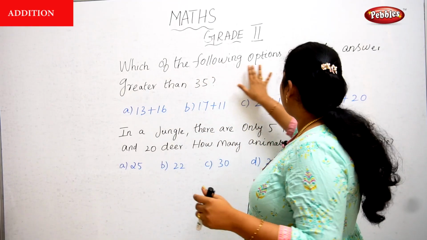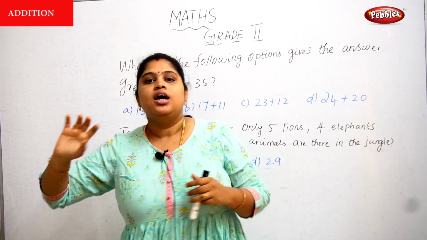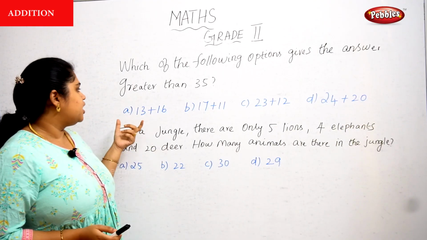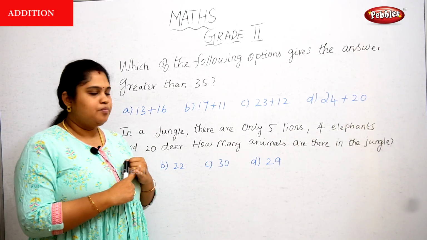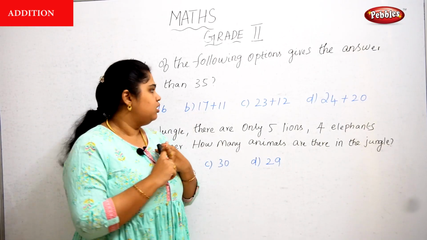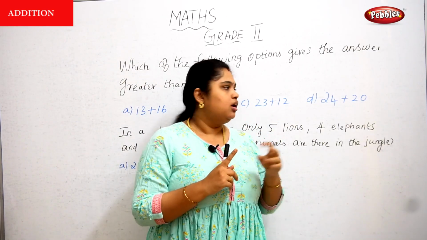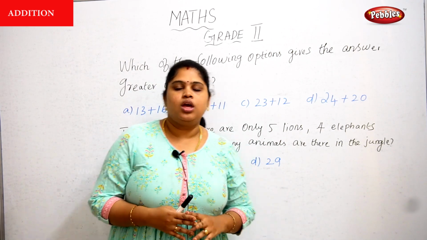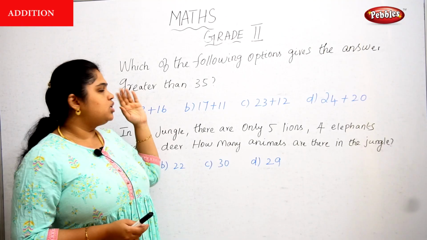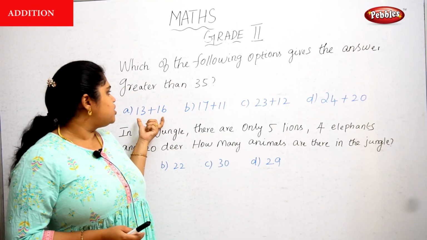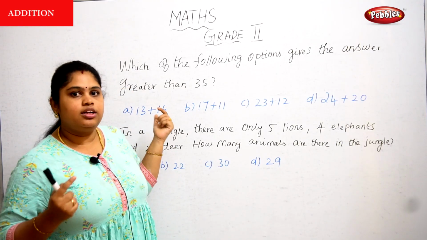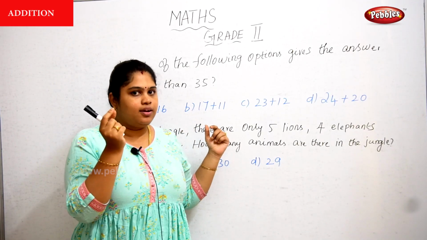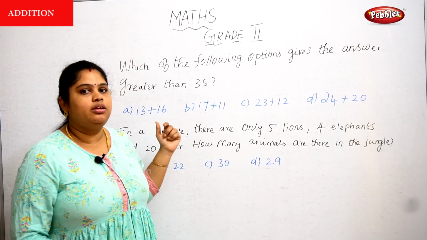Which of the following options gives the answer greater than 35? What are the options they gave? 13 plus 16, 17 plus 11, 23 plus 12, 24 plus 20. So these were the options. What is the question? Which option will be greater than 35? So one number should be greater than 35.